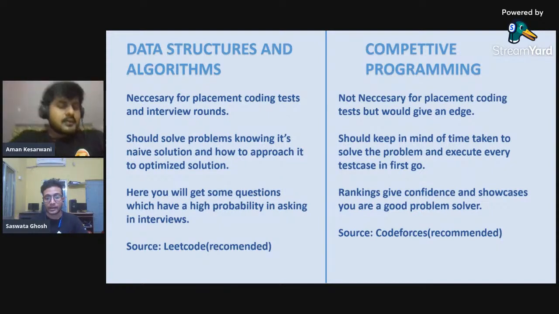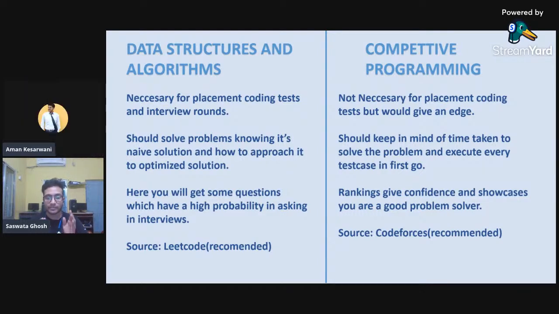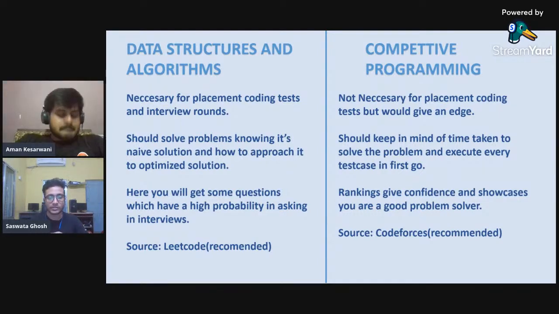If I generally divide it into tier 1 and tier 3 colleges, tier 1 colleges can crack the coding interviews using data structures and algorithms because such good companies come to their colleges. That's not the case in tier 3 colleges, so they have to showcase their programming skills using competitive coding.